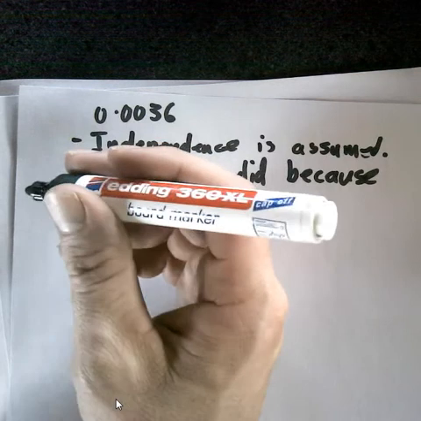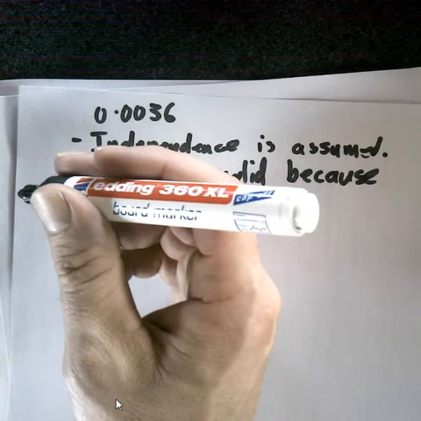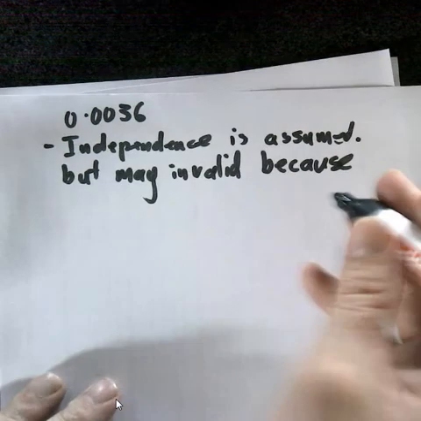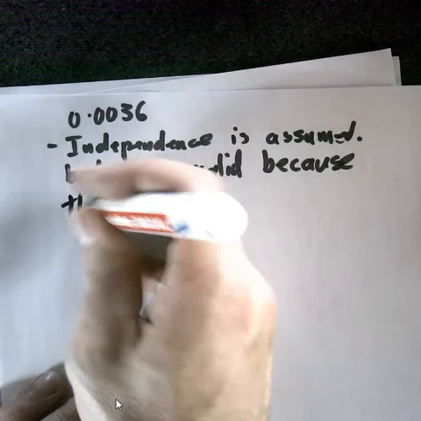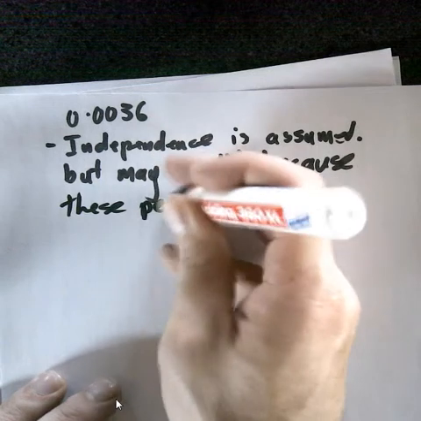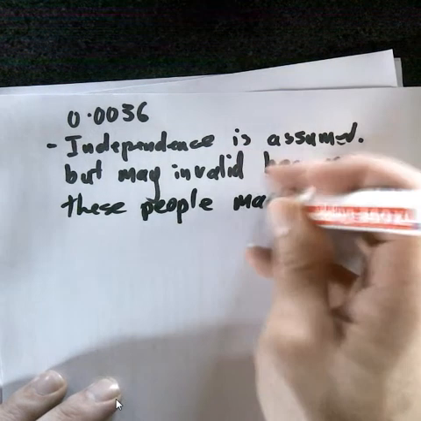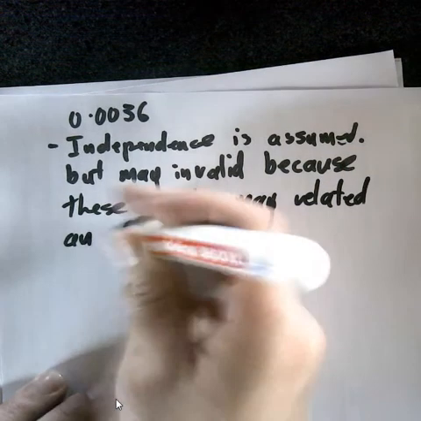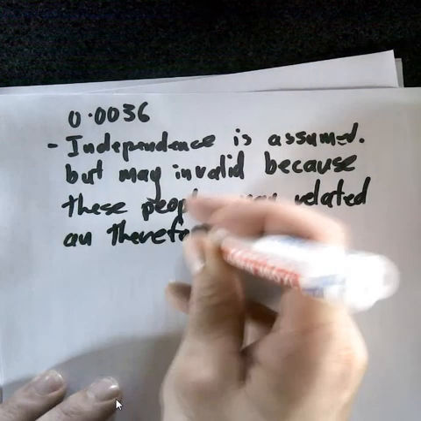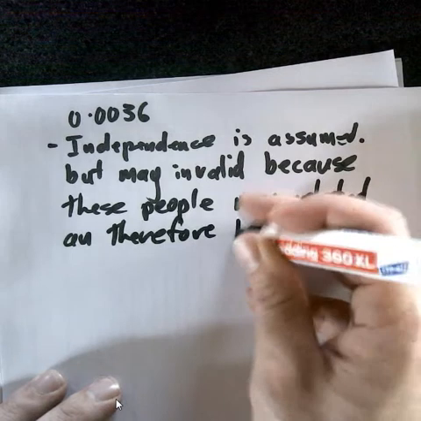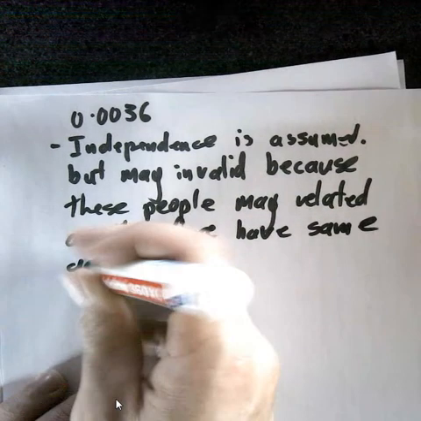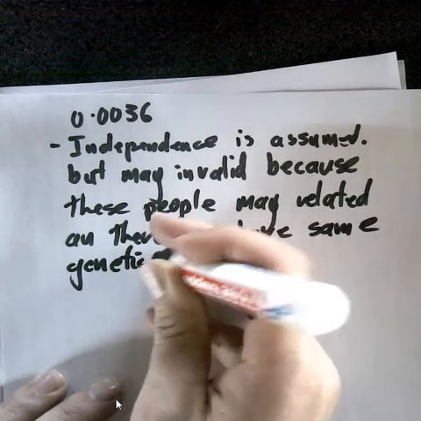So one person having it might make it more likely that the person they're related to has it. Okay, so it might be invalid because these people may be related, and therefore have the same genetics or environments.